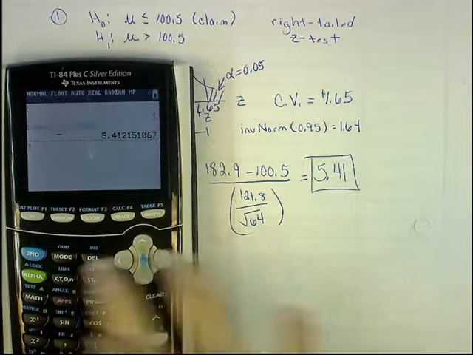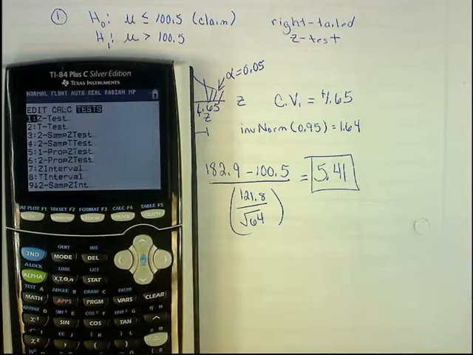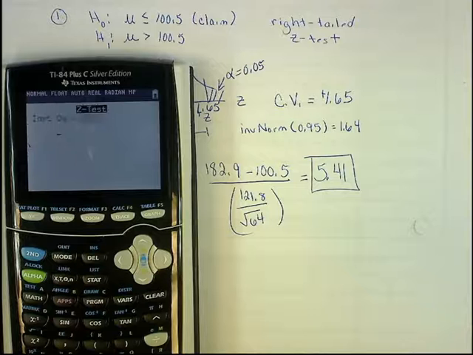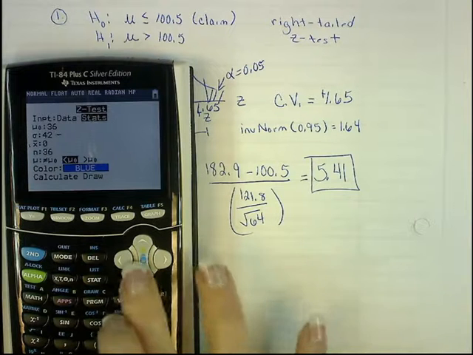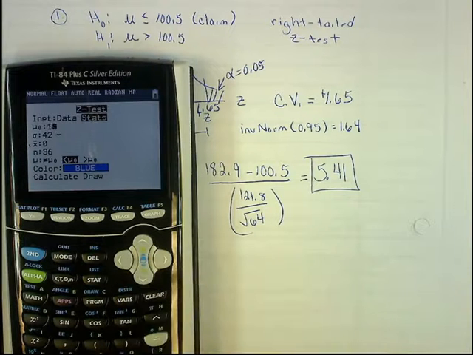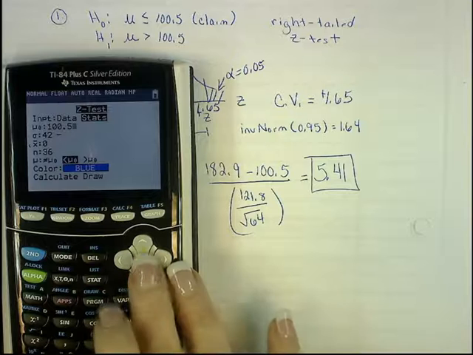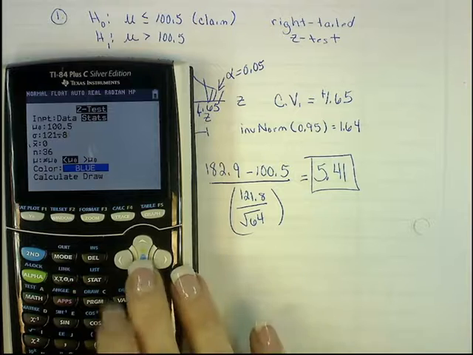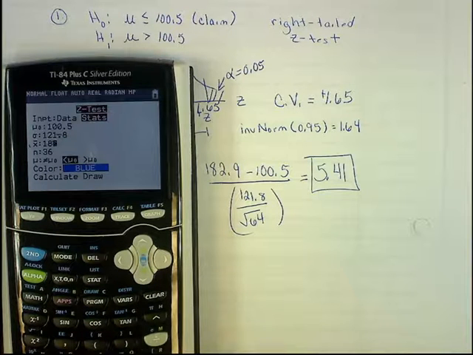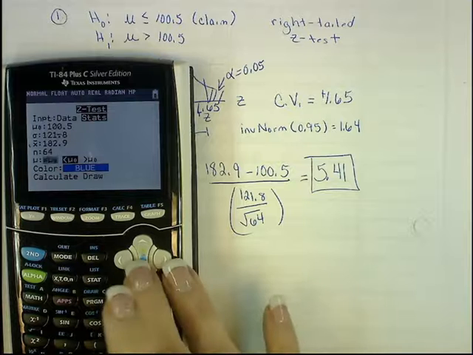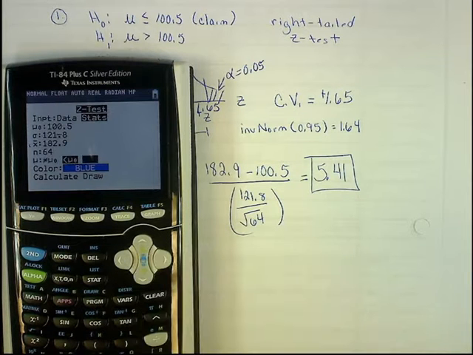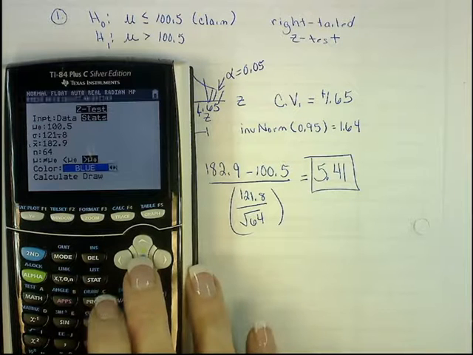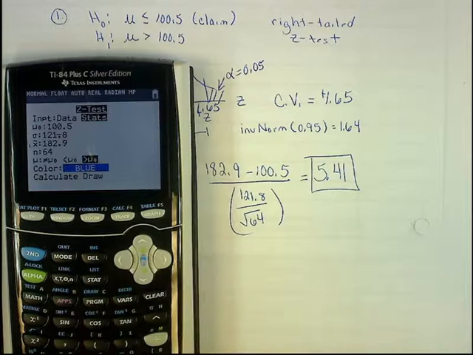You could also go to Stat and Test and Z-Test, number 1. The claim is 100.5. The standard deviation is 121.8. Sample mean is 182.9 and sample size is 64. The alternative is greater than, pointing to the right because it's a right-tailed Z-test. And calculate.